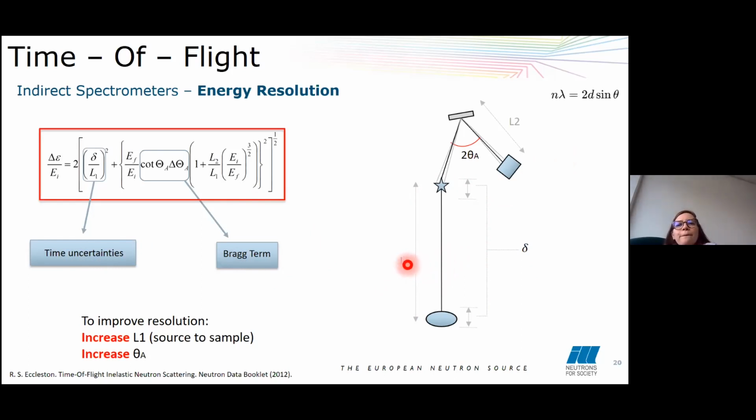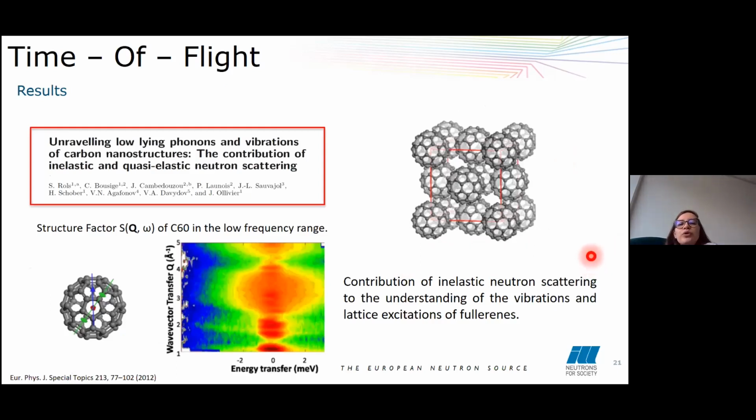So now, I just want to show you very quickly some data obtained with time of flight. For this study here, the aim was understanding the vibration and the lattice excitations of fullerenes at the low frequency range.